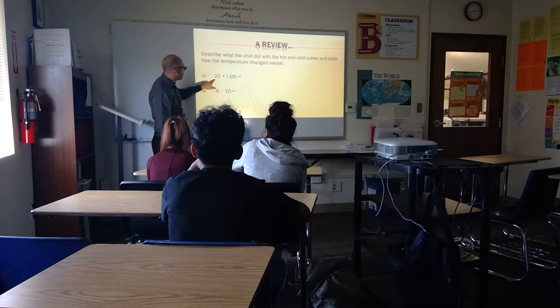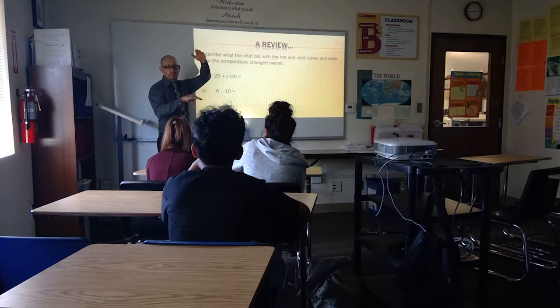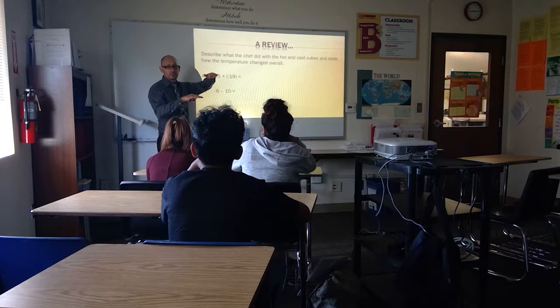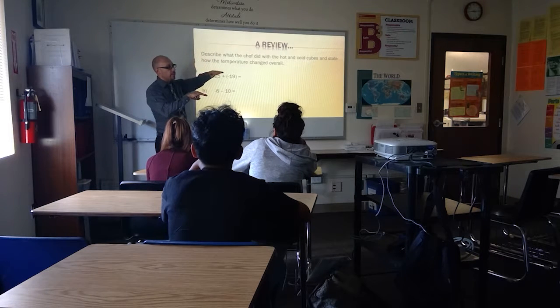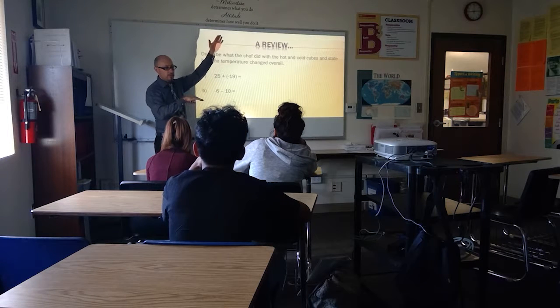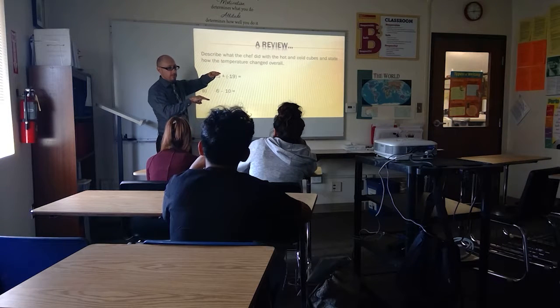Let's see. So you got 25 and we have 19 cold cubes. What are we at when we put in 10 cold cubes from the 25? We're at 25. We put in 10 cold cubes. 25 down 10 is 15.